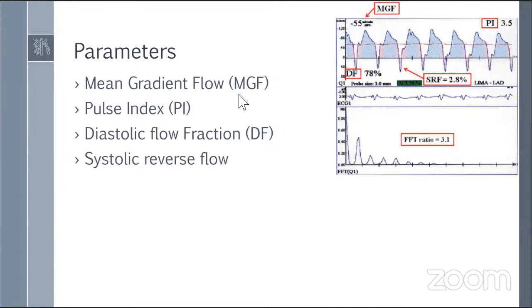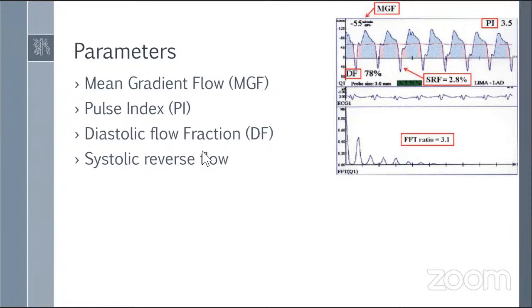These are the most common values we see and are reported. The mean graft flow depends on the graft quality and diameter, target vessel quality, and the distal runoff of the bypass. The pulsatility index estimates the resistance in the graft and respectively the distal target vessel runoff.